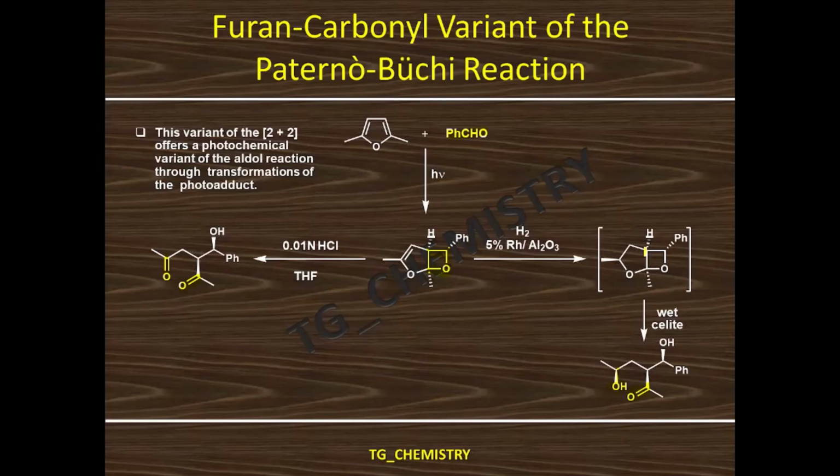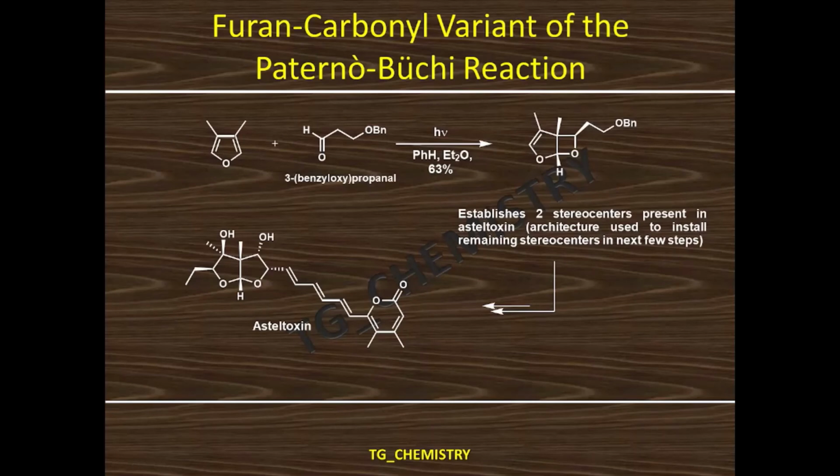And here the oxetane ring structure for the retro-aldol, the aldol reaction, also remains, but the reduction takes place as we use hydrogen and alumina and rhodium for the reduction, and then on absorption in wet silica will end up with the hydroxycarbonyl compound. Okay, so the beta-hydroxycarbonyl compound, you can see this is the beta-hydroxycarbonyl compound as the major product in case of aldol, as we know.